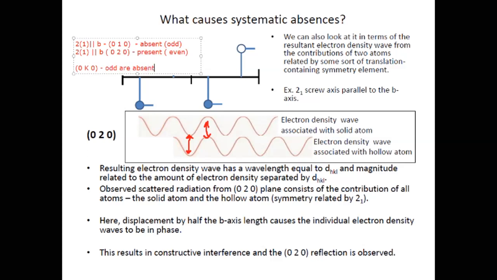So anytime you have a screw axis parallel to B, the odd 0, K, 0 reflections are going to be absent, the even are going to be present.